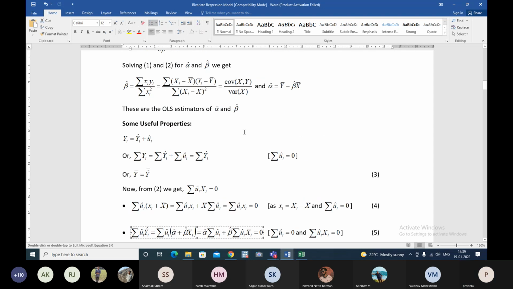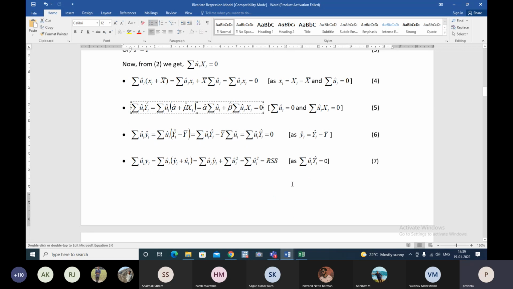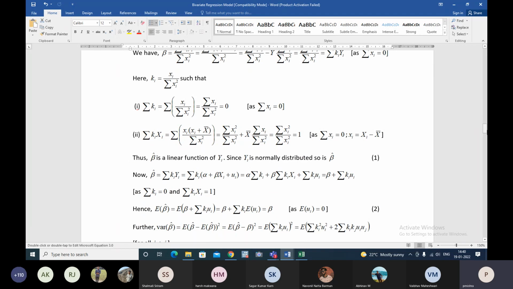Now you have seen earlier that summation of u hat I is equal to 0, and summation of u hat I capital Xi is equal to 0. So this is equal to 0, and this is also equal to 0. Hence summation of u hat I into y hat I is equal to 0. Okay, got it. Thank you. Is it clear? Yes, sir.